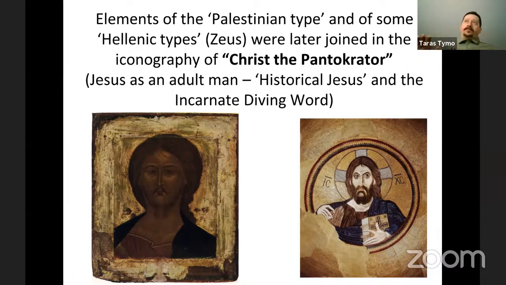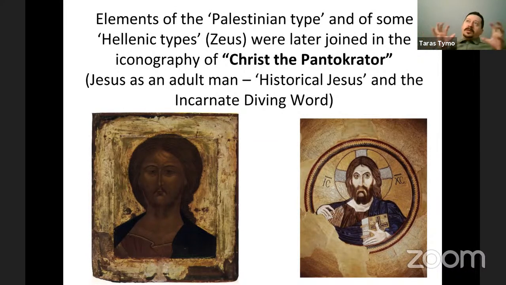and he holds a book which is sometimes open and is used as a teaching device, so to speak, or it's closed and sealed like here, and is represented as a providential book in which all the fates of the people are written down, and the seals will be broken and the book will be opened at the last judgment.